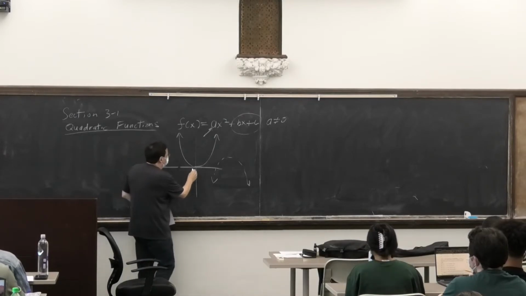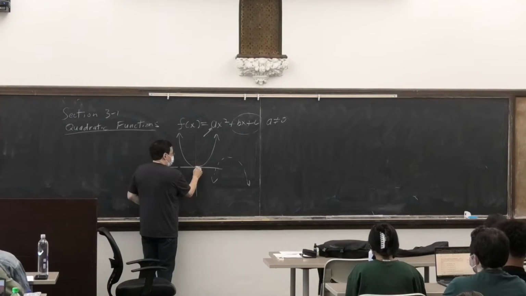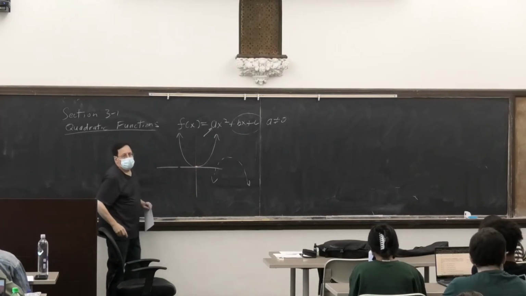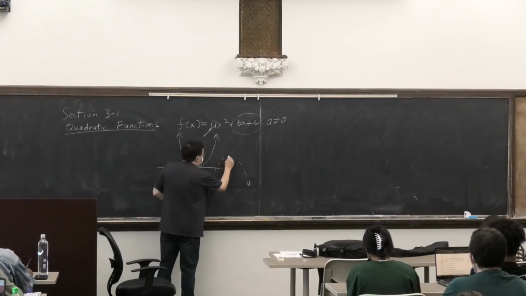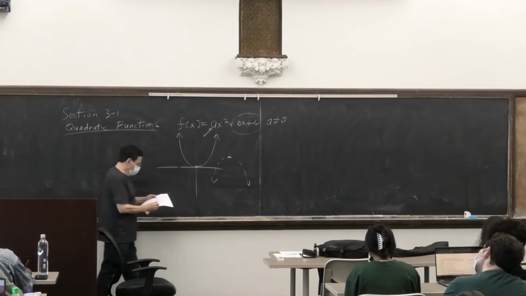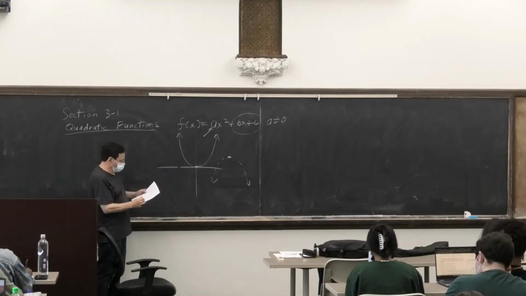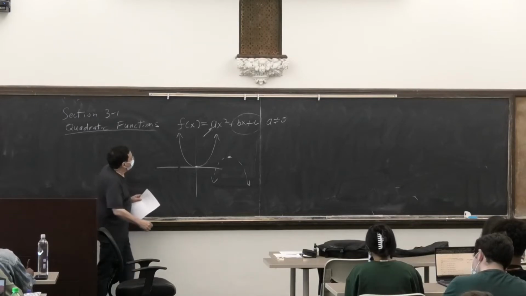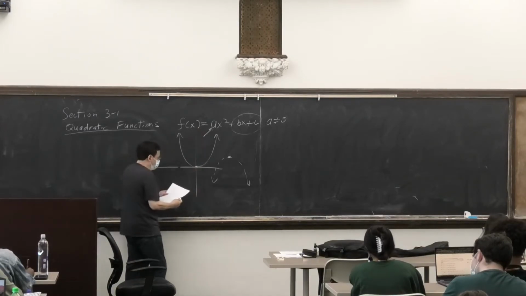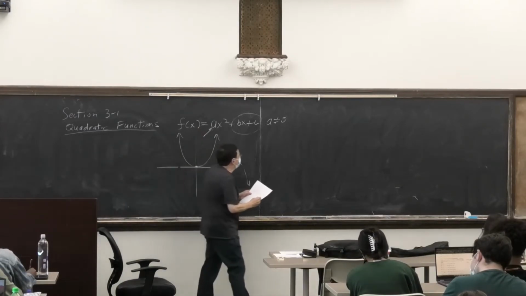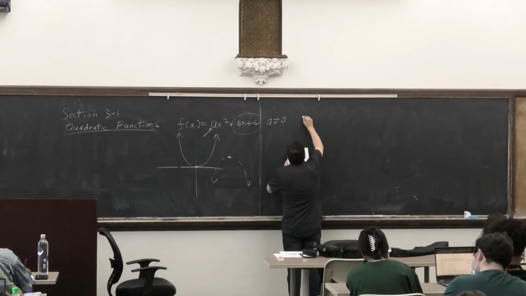Because it's a parabola, it's going to have a vertex, which will be the minimum or the maximum of the function. This is one standard form, but we have another standard form for a quadratic function.